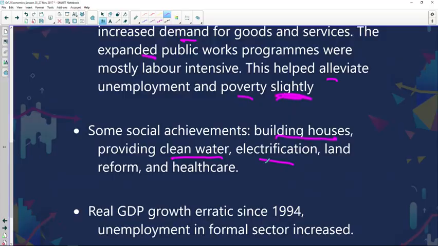In land reform and health, we've also seen a bit of this, and the healthcare facilities have improved. You go to a public hospital and you can see that more staff have been employed and so on. So you should be able to do some evaluations as well based on your experiences.